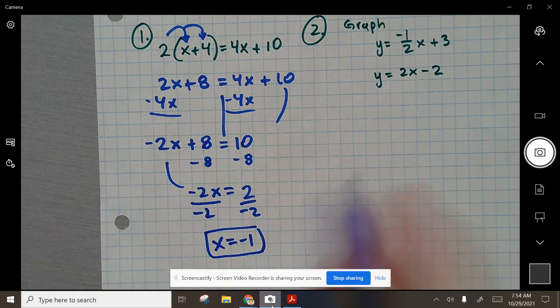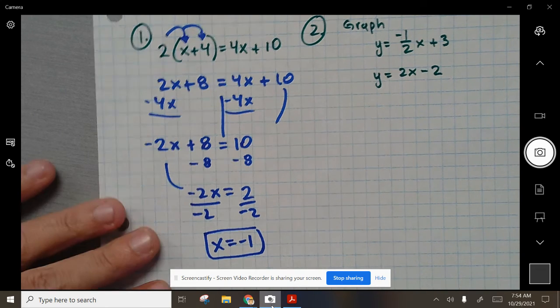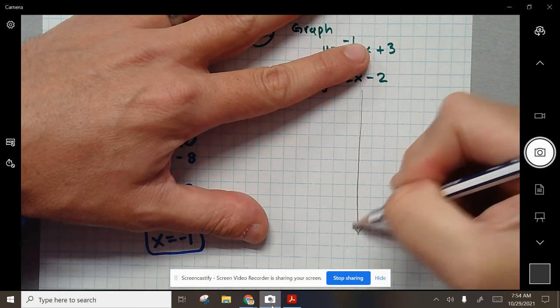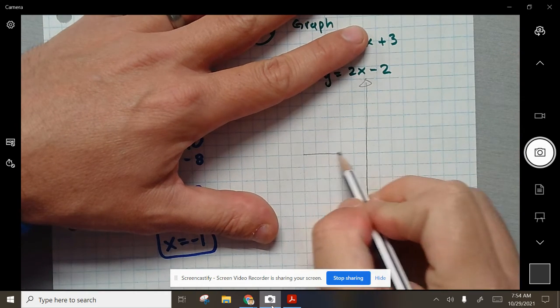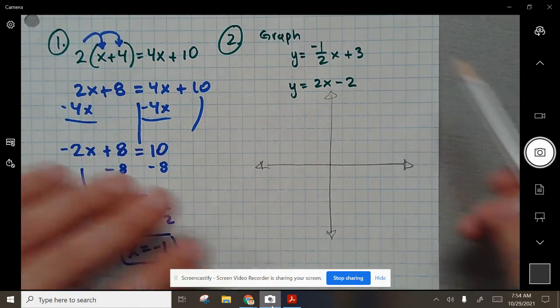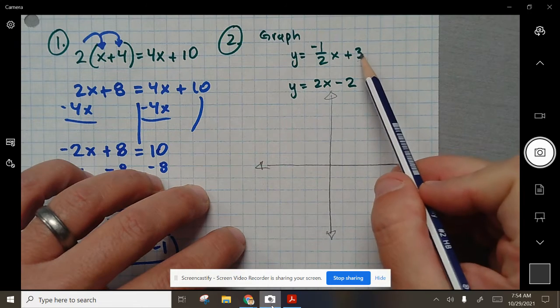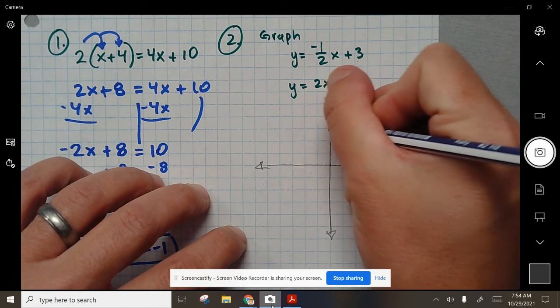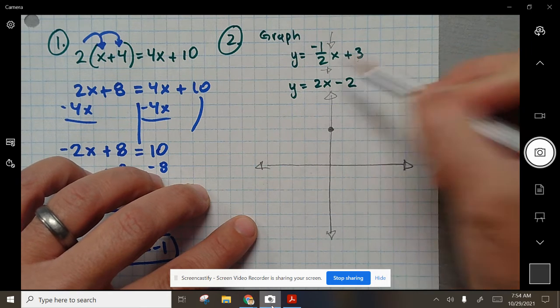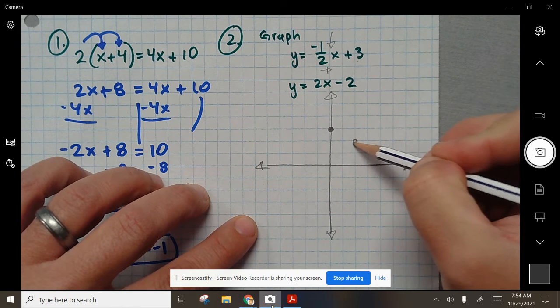All right, the next one, we have to graph. So when we're graphing this, I want you, with graph paper, to draw a graph. I know, crazy idea. Let's draw a graph on graph paper. And let's go ahead and graph this. First step, positive 3. Second step, negative 1 over 2. Down 1 over 2. Down 1 over 2.